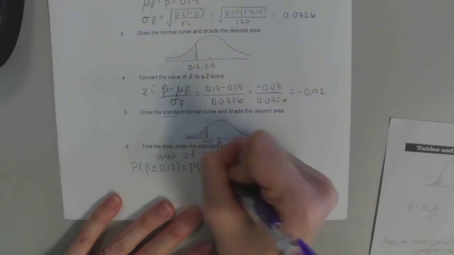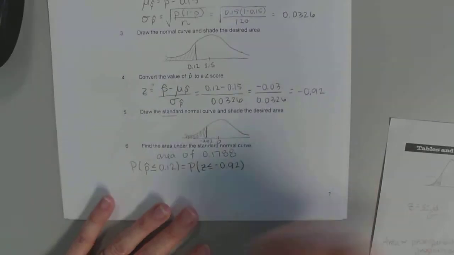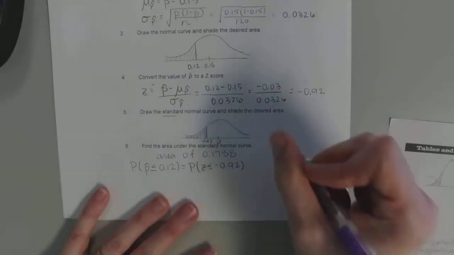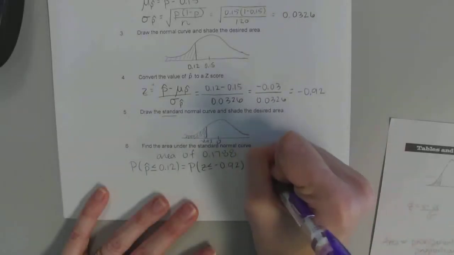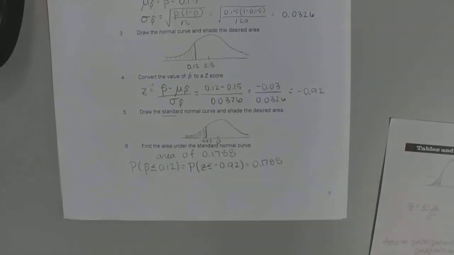We had to change it to a z, and it's changed to negative 0.92. And what was that probability? 0.1788. We have about an 18% chance of asking those 120 Americans, and 12% or less had issues.